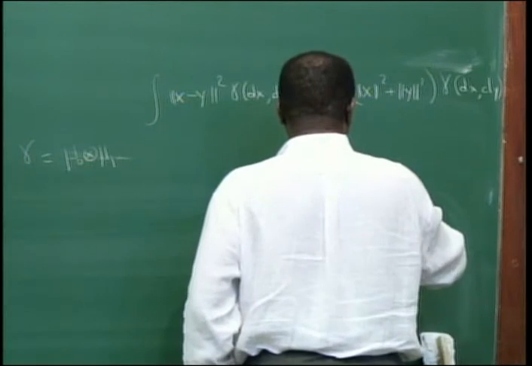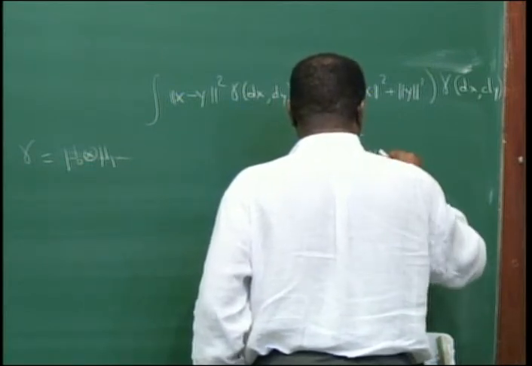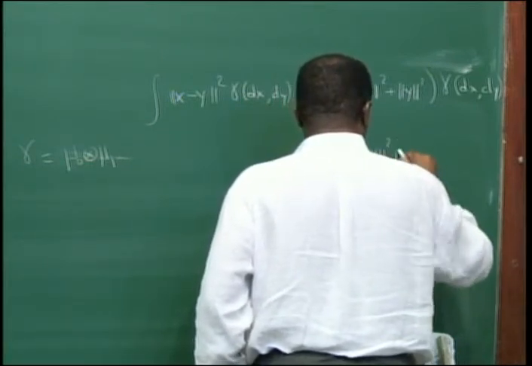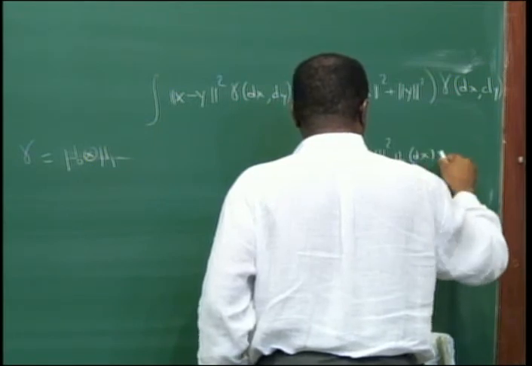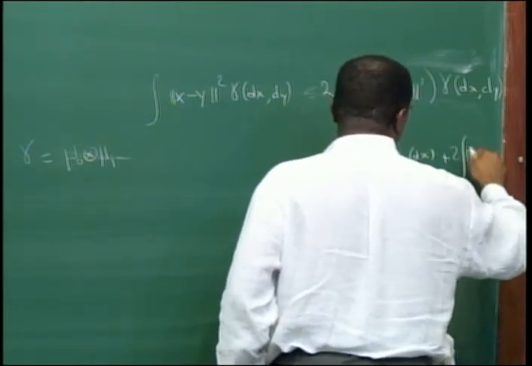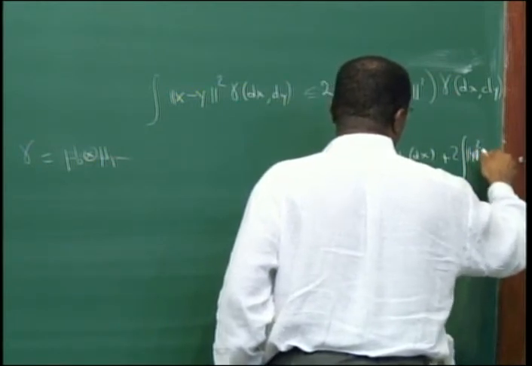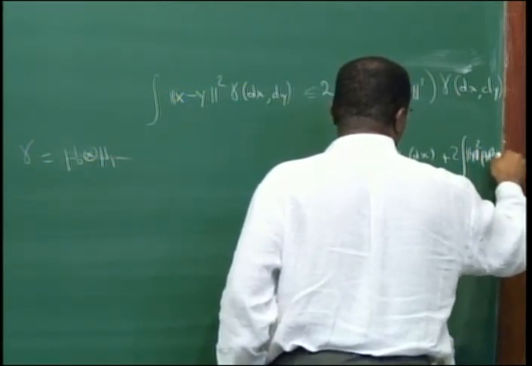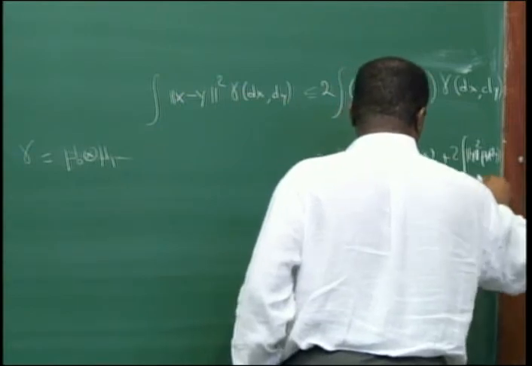The first integral will give twice the integral of x squared mu naught dx, and the second integral will give the integral of y squared mu 1 dy over R^d.